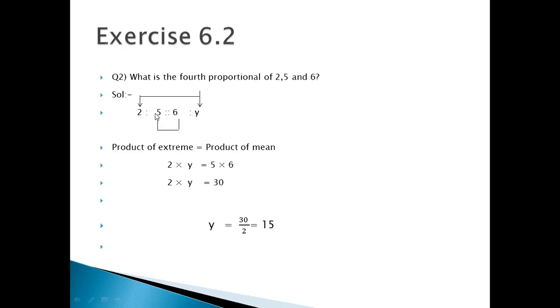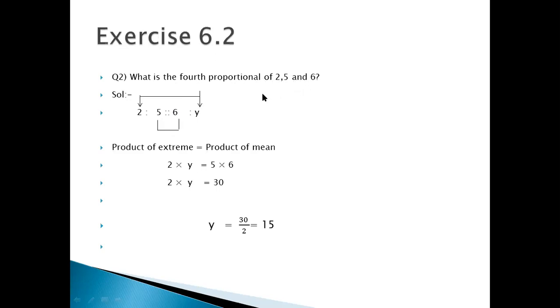2 ratio 5 proportion 6 ratio Y. For the missing value you can write any variable, X, Y, Z. So you suppose that the fourth proportional is Y. What is the fourth proportional of 2 ratio 5 and 6?